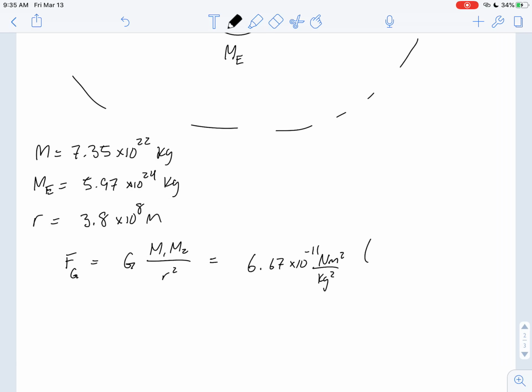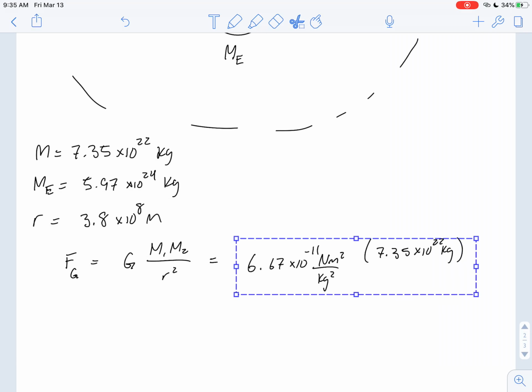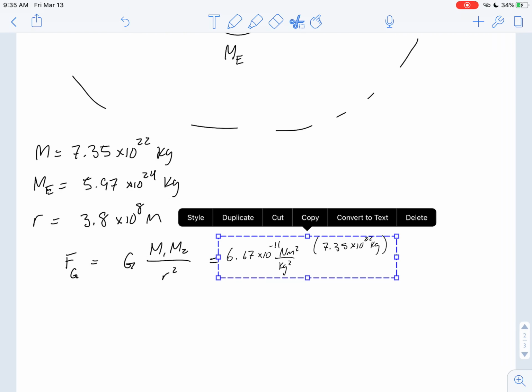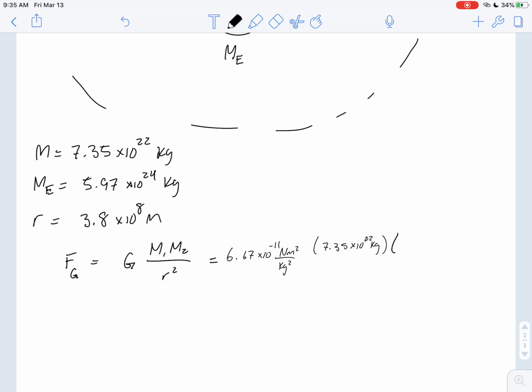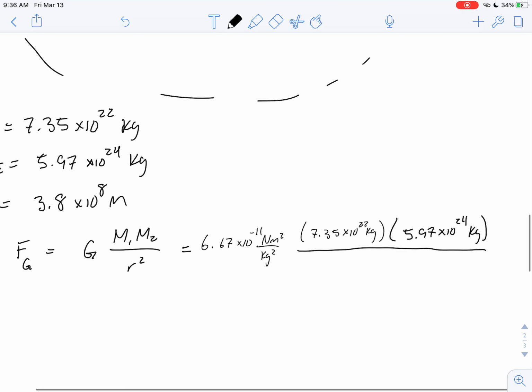Then we're going to multiply that by the mass of each object. So 7.35 times 10 to the 22 for the moon, and the Earth's mass is 5.97 times 10 to the 24. Then we divide all of that by distance squared, so it'll be 3.8 times 10 to the 8 meter, squared.